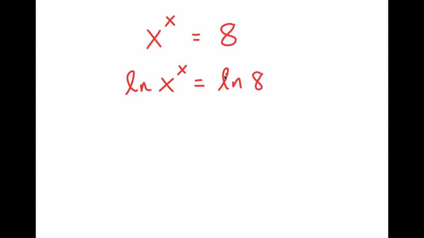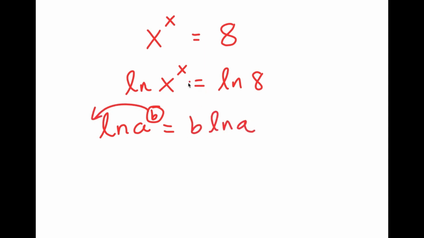And a helpful property of logarithms is that if I have something in the form ln a to the power of b, I can move this exponent to the front, so this turns into b times ln a. So in this case, I have ln x to the power of x, and I can move x to the front. So now I get x times ln x is equal to ln 8.